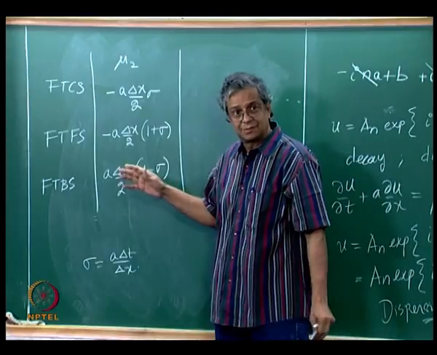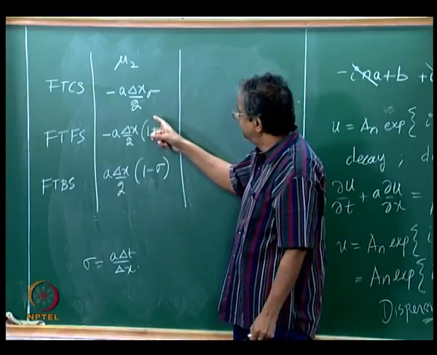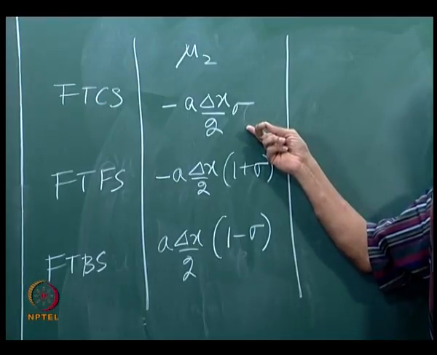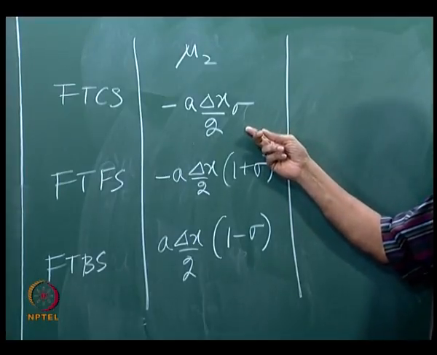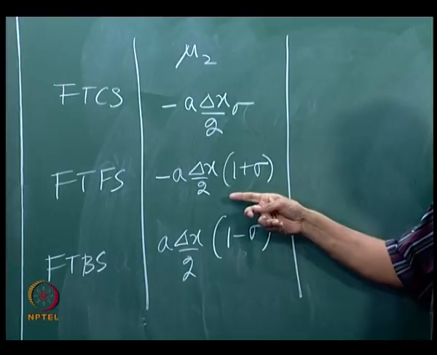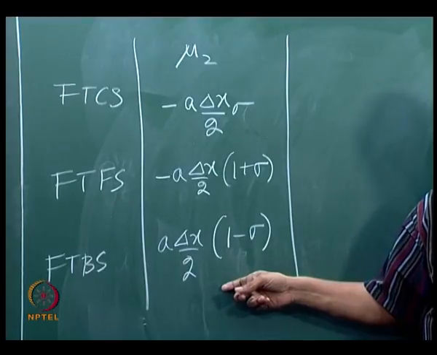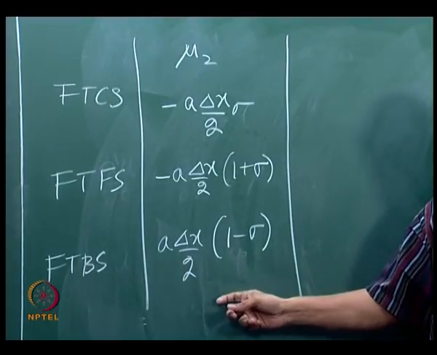Right here you can see this is negative, unless something happens, and that could be positive, which is what we got, 0 less than sigma less than 1, a stability condition.